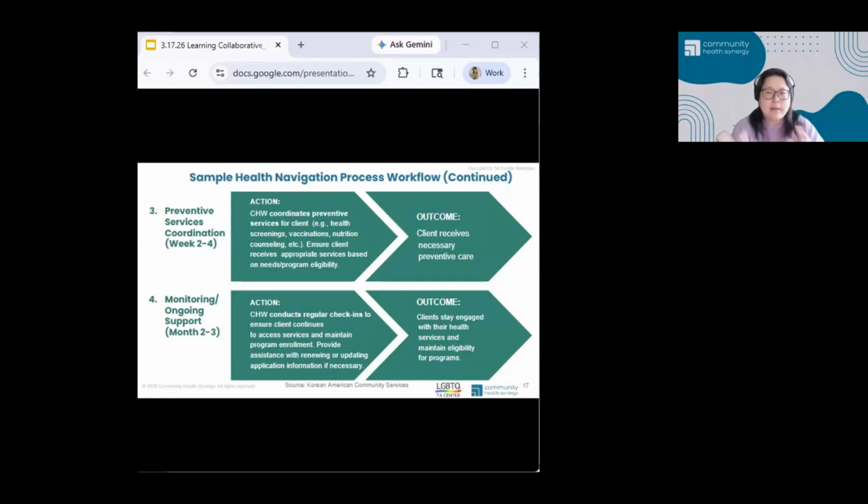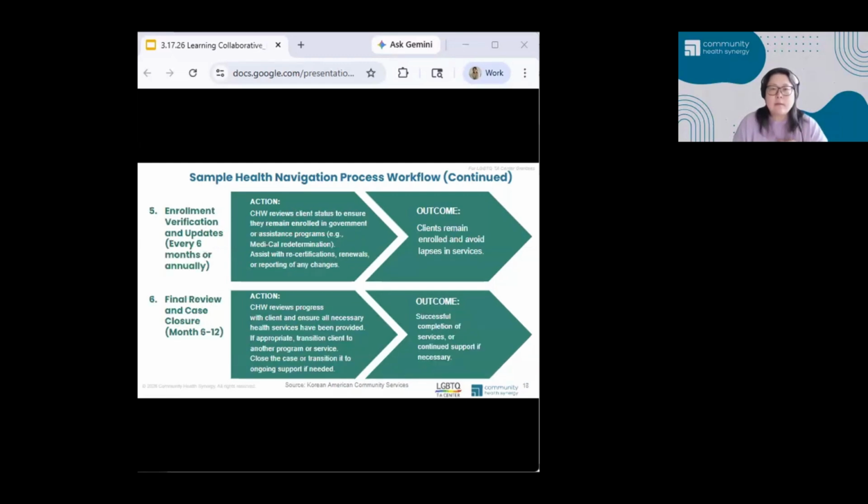So this is really, I think, a timely service, especially with health navigation, given HR1 related impacts. And then the last two steps of the health navigation process relate to enrollment verification and redetermination.